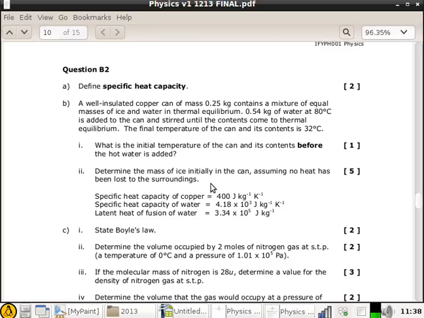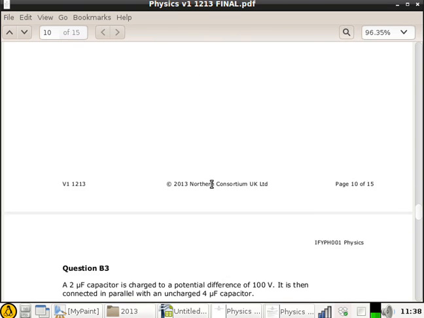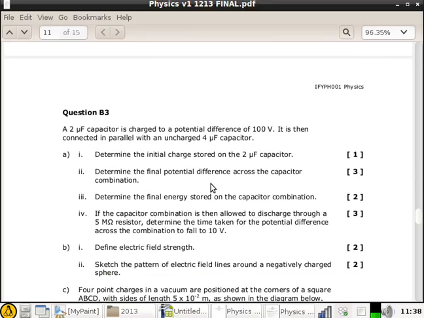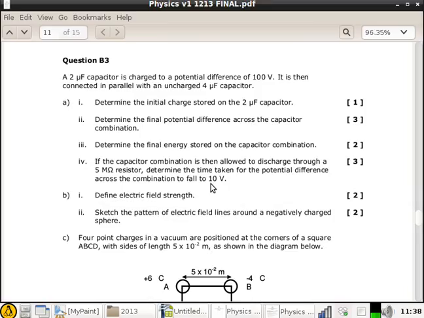Also, I should remind you, my time is in milliseconds. That's why it's 10. I'm changing it to seconds.